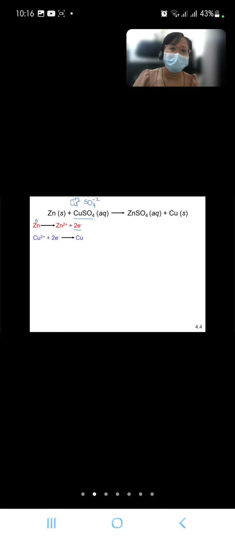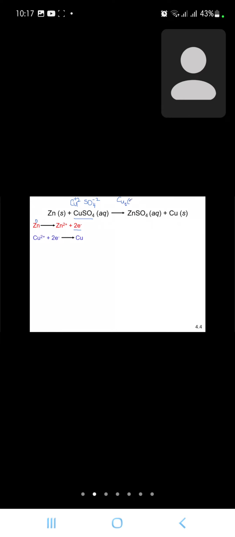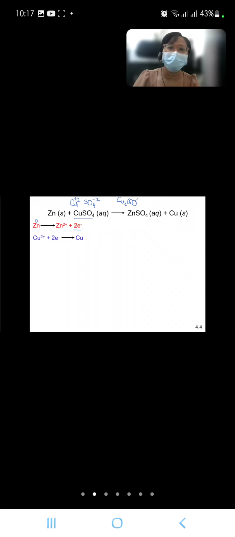So if we criss-cross, that would be Cu2SO4. But if the subscripts are the same, they cancel. Okay? So the correct formula is this, CuSO4. So meaning, Cu here is positive 2.